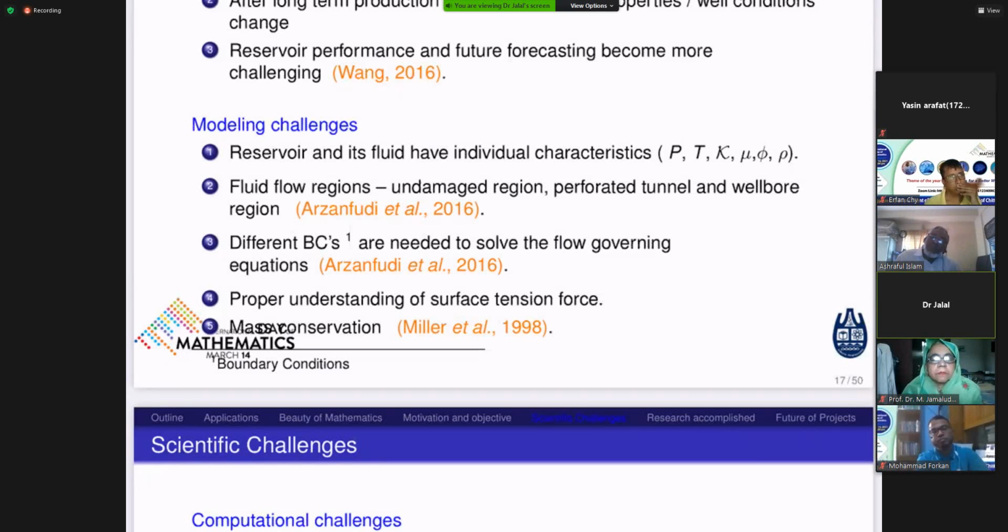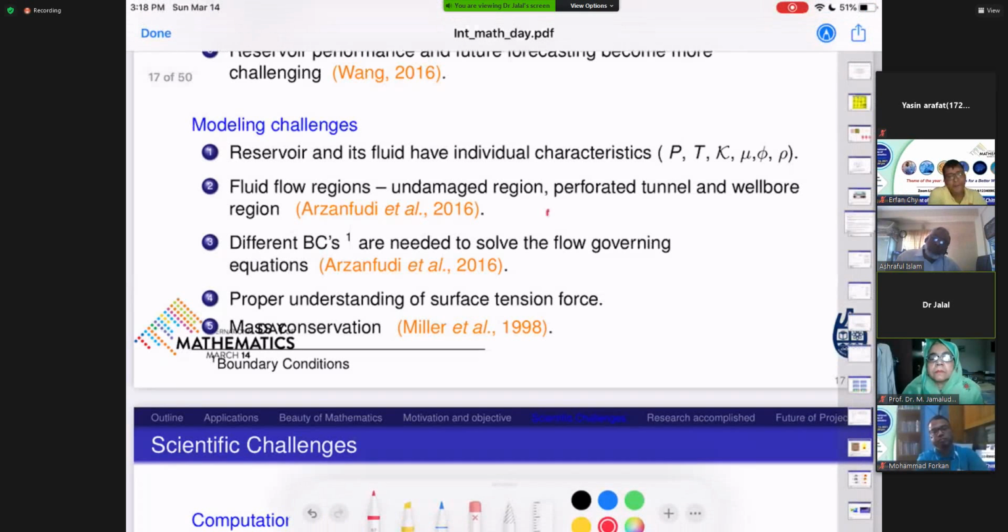If you consider the pore scale, there are some paths in the rock so that fluid can pass through the rock. And also boundary conditions, because I mentioned three regions here. One is the undamaged region, one is the perforated tunnel, and another is the well bore. For simplicity, I have shown three regions. In the three regions, I have three different boundary conditions. So when you do the simulation, you have to consider all these boundary conditions for the different regions in one simulation.